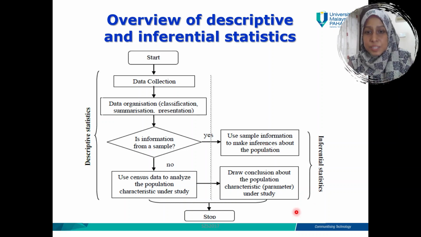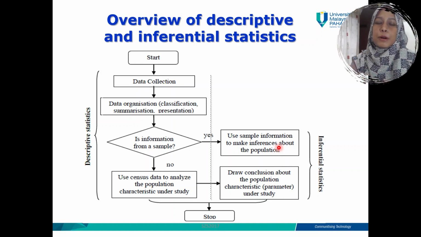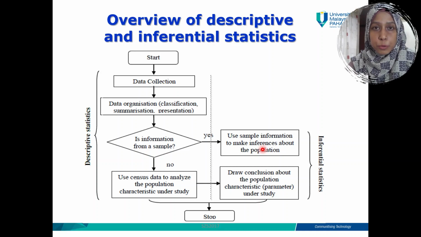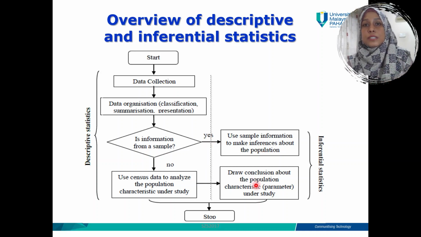Okay, so this part is called inferential statistics, the part where you go deeper into trying to understand what does this mean, median, mode value means about the data. So this is inferential statistics, the part where you try to make inferences about the population using information from the sample, or you draw conclusion about the population using the population data.